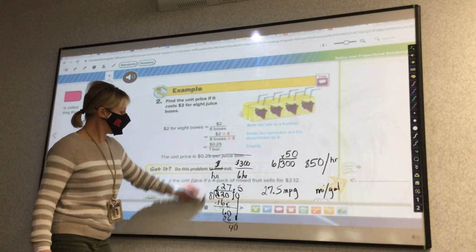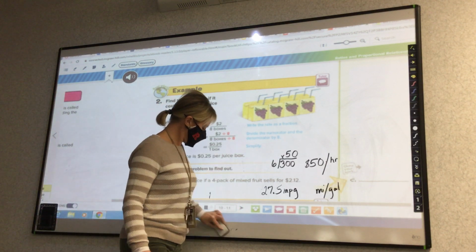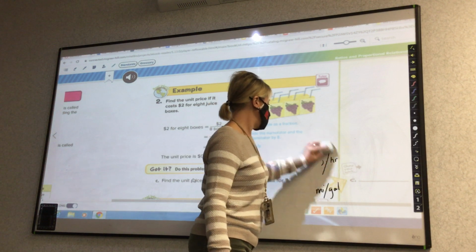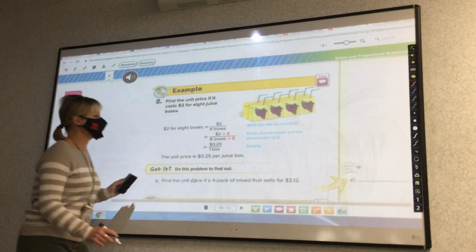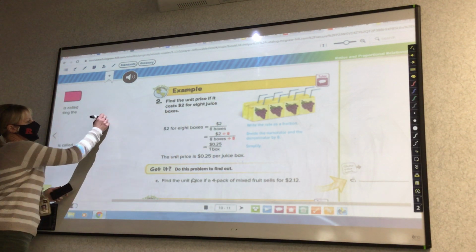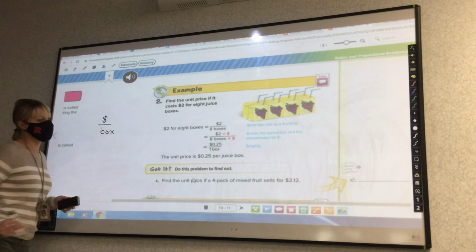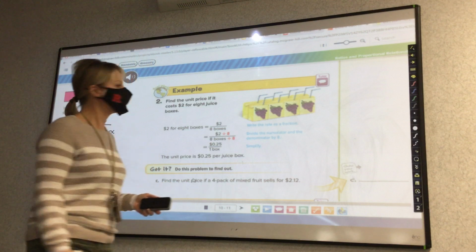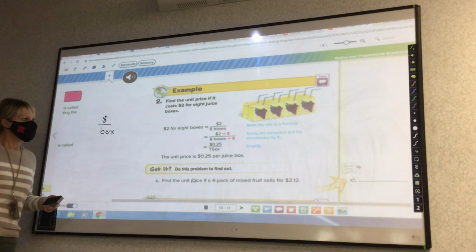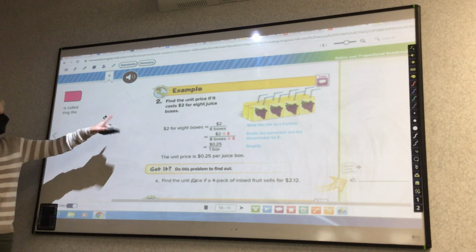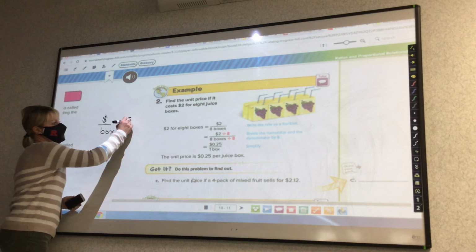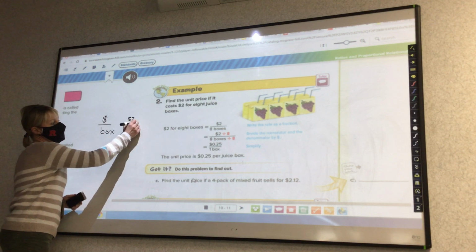So this would be cost per what? Box or juice box. It doesn't matter. I'm just going to put $ per box. Okay? So then we go into, it's $2 for how many boxes?